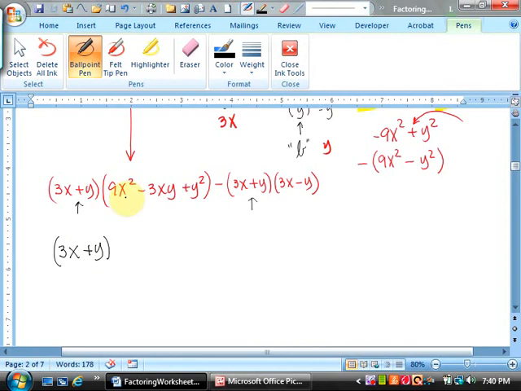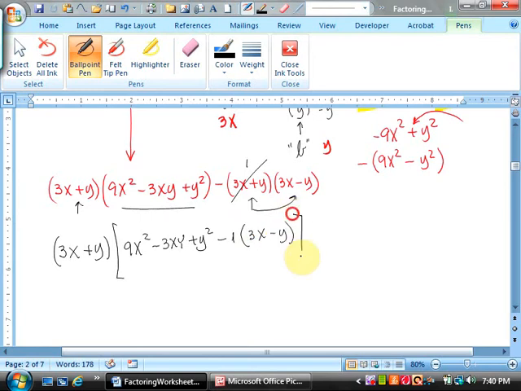There is nothing to pull out of this piece, so I'm just going to copy it, and because I'm pulling out, I can rewrite now 9x squared minus 3xy plus y squared. Now note that I pull this whole 3x plus y, so in each place I have a number 1. So this is minus 1, but these two guys are multiplying, so it's minus 1 times 3x minus y. And now I close here.